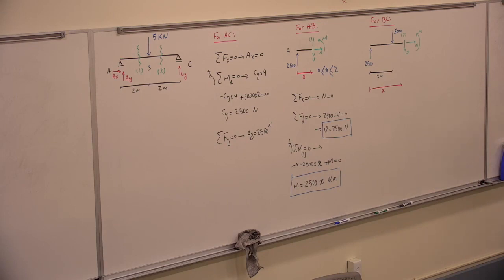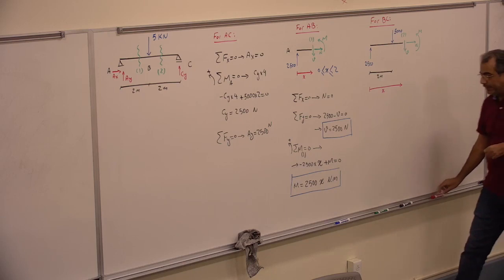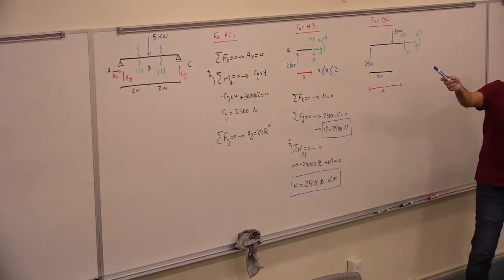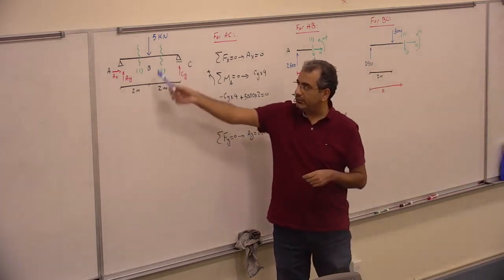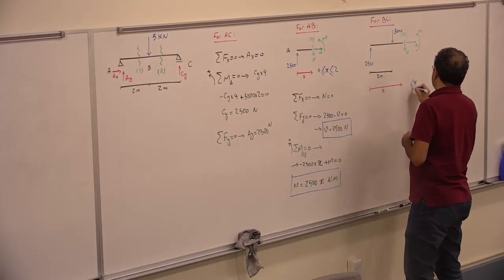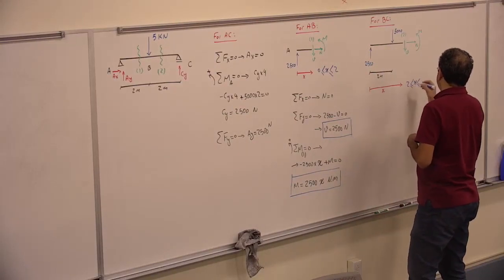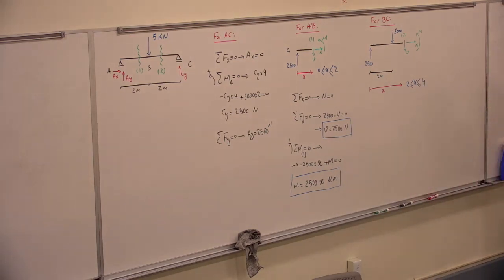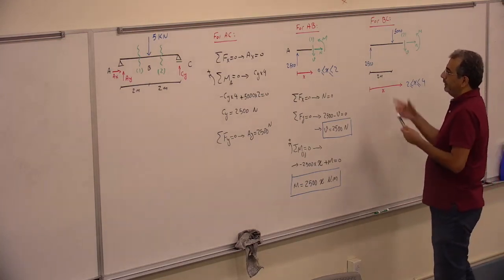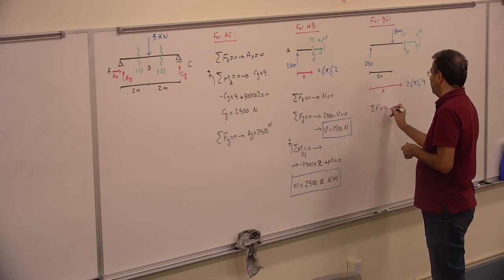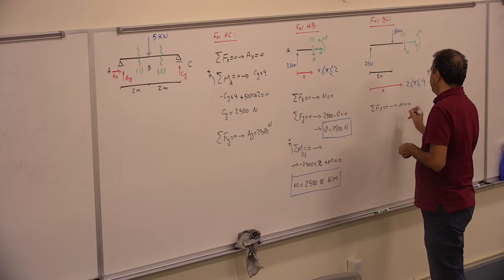That would be the x. What would be the range of the x this time? 2 to 4, because we want to cut it between B and C, so it starts at 2 and ends at 4. So x would be greater than or equal to 2 and smaller than or equal to 4. Again, we write the same thing: sigma Fx is 0 gives us N is 0.